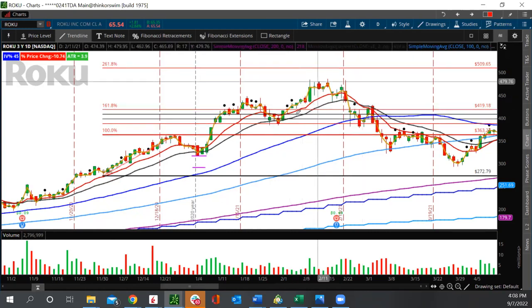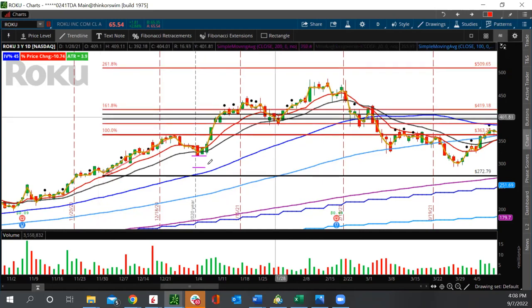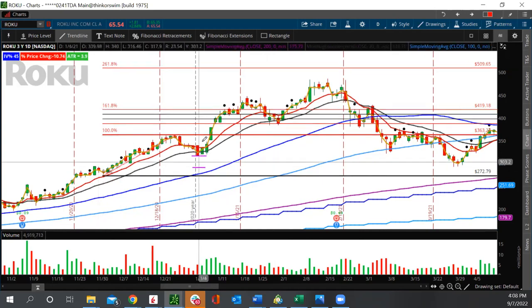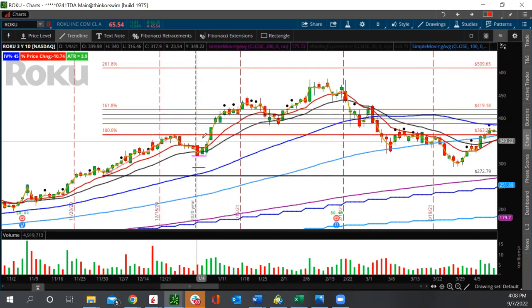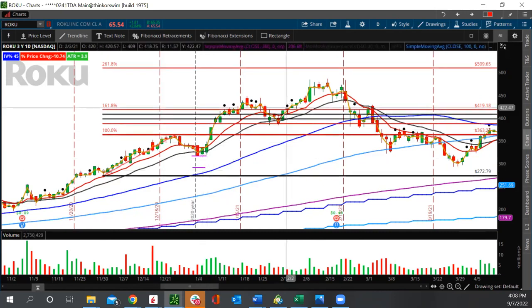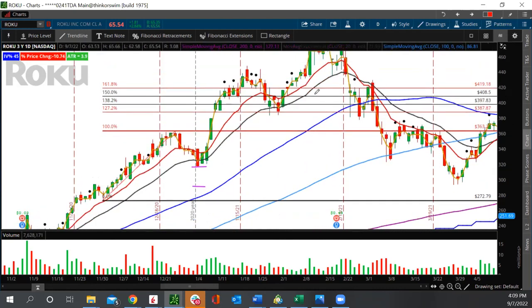Now, what could you have done here? Well, once you got above this 161.8, and look at this, how many R's is that? Like 3 or 4 R's up to here? I'm just eyeballing it. Let's say 1, 2, 3, maybe 4 R's, if that was your entry and your stop. And let's also look, what's interesting is we already put a fib on this level here, right? So from here to here, and this was back to the 50, right?